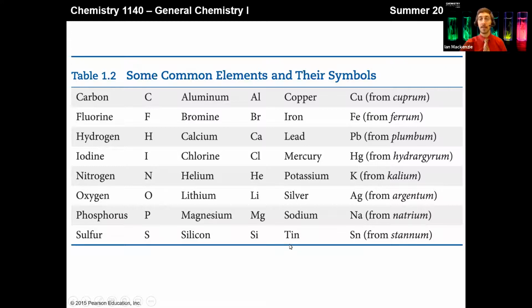Now, in some cases, like sodium or silver, that is not the case, and that's because the letters come from the Latin name rather than the English name, as many of these were discovered in ancient times. Now, those would be elements, which would be a pure substance.